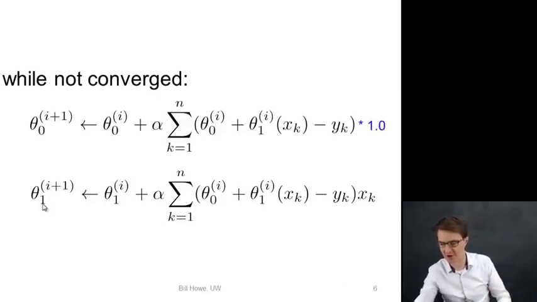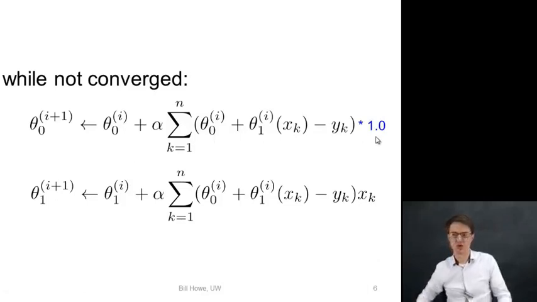So one detail here: for theta 0, why don't we have this multiplied by xk? Well, the reason is that because it's the y-intercept, there's not an x value to multiply by, so it's actually just assumed to be 1.0. In fact, you can think of this as adding an extra attribute. If you've got a single attribute, our x values, and we're trying to predict y from x, we can think of there actually being two attributes.